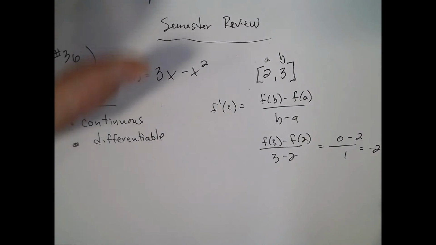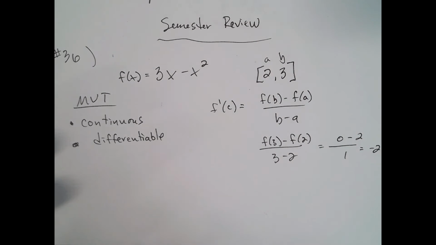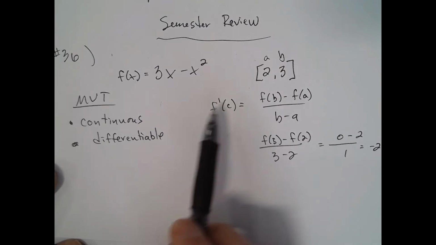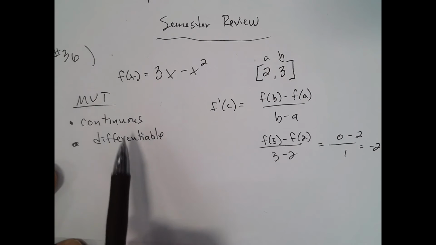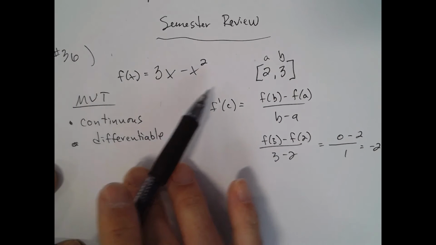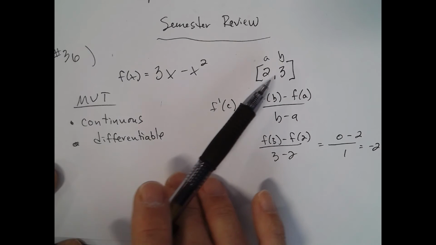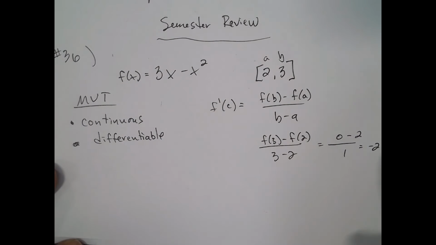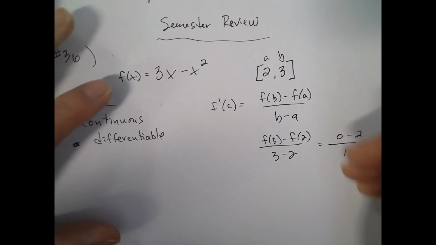Okay, so going from the point 2 comma 2 to the point 3 comma 0, it has a slope of negative 2, just to show you that.